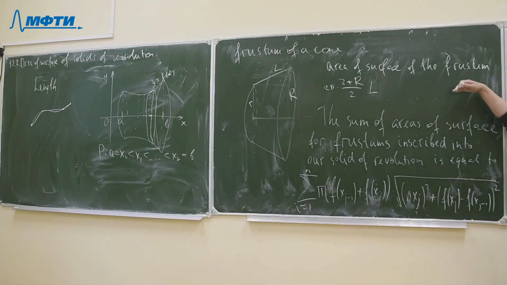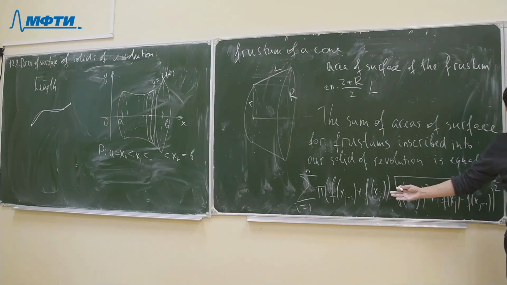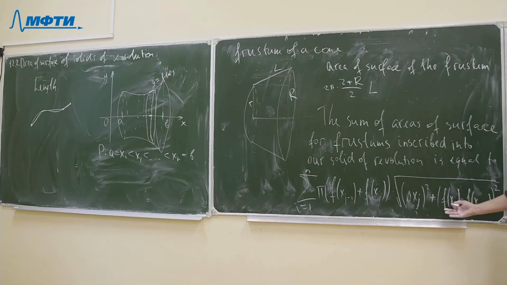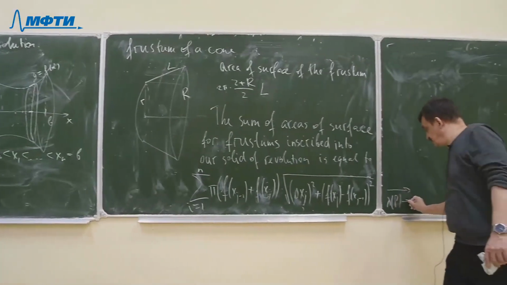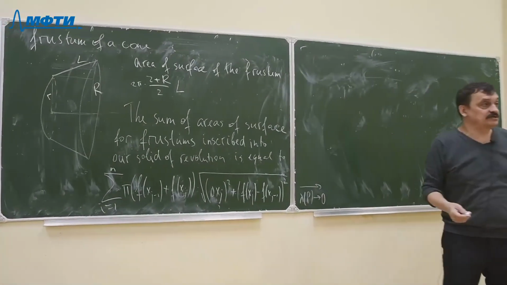And using this fact, we compute the sum of areas of revolution. Right? Now we want to find the limit of those sums, as lambda of P tends to 0. That is the question, right?